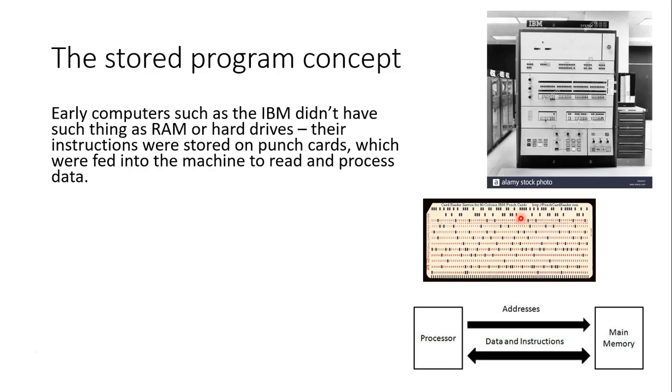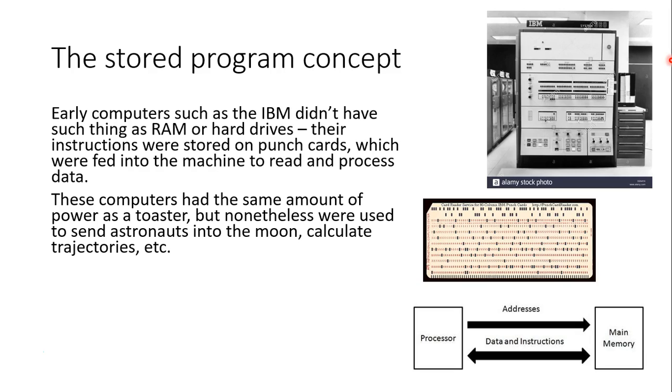The punch cards would have holes in them to indicate which bits to load as data, so instructions and data would be held on this little card, and that would be fed into the IBM. So these computers essentially had the same amount of power as a kitchen toaster, but nonetheless they were powerful enough to calculate trajectories and get astronauts to and back from the moon.